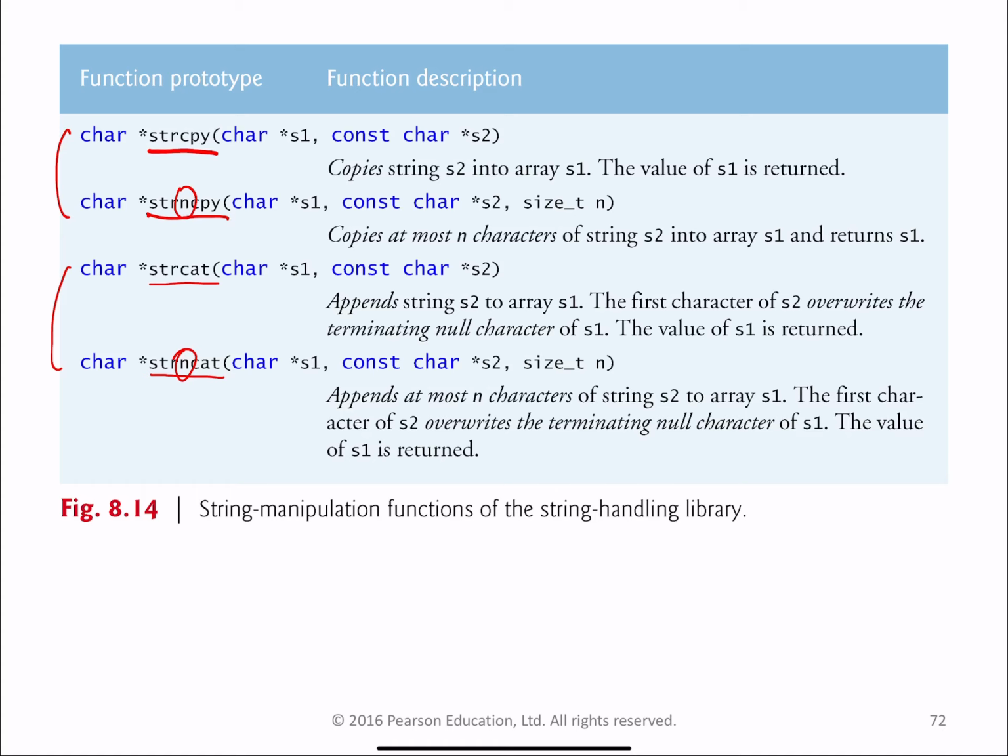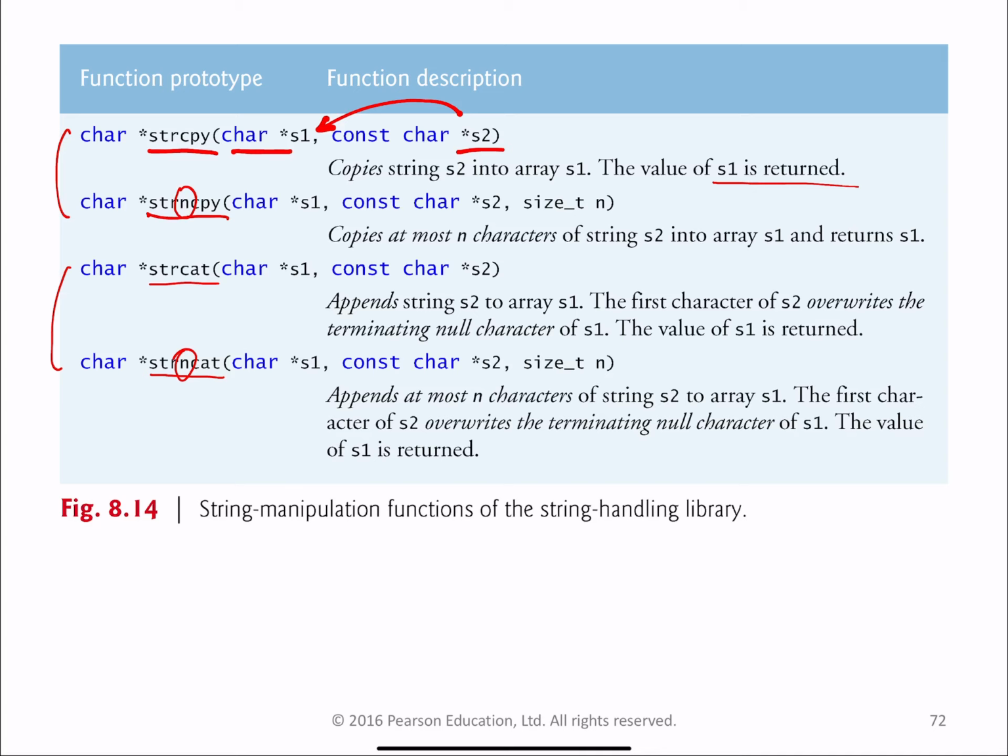So string copy basically takes two arguments, string s1 and another constant string s2, and it copies string s2 into the array of string s1. Now, the string copy function returns the value of s1, meaning a pointer to the start of s1.